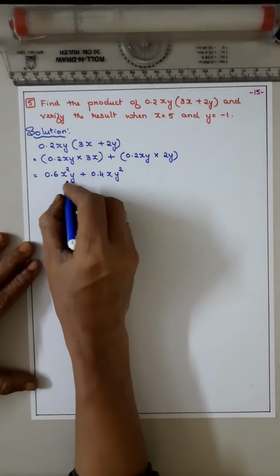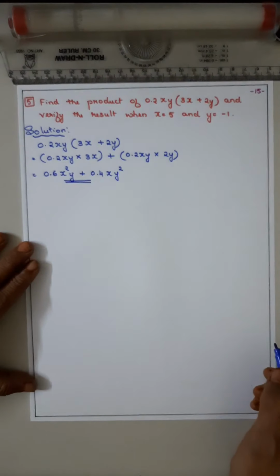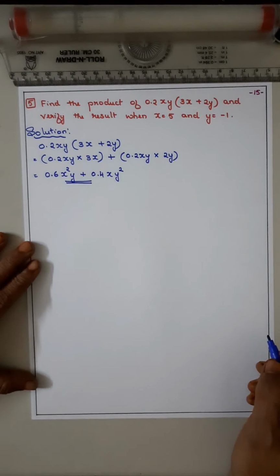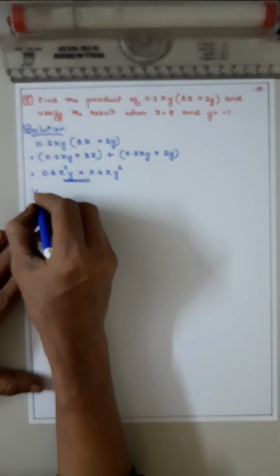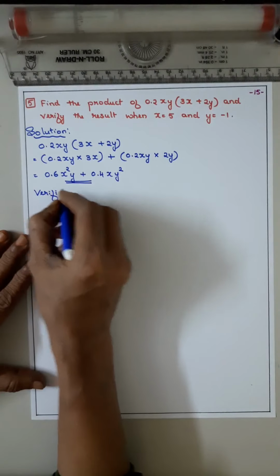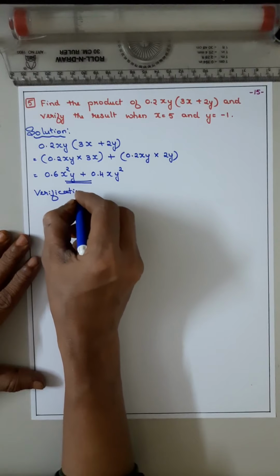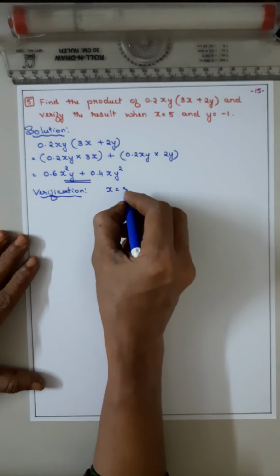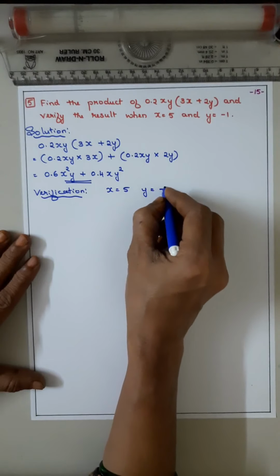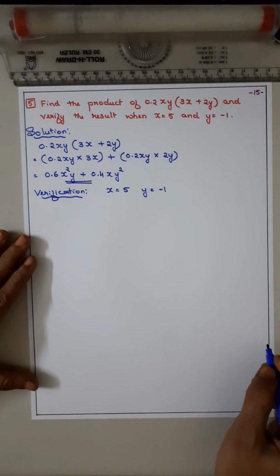So you got the answer 0.6 x squared y plus 0.4 x y squared. Now it is verification with values x = 5 and y = -1.